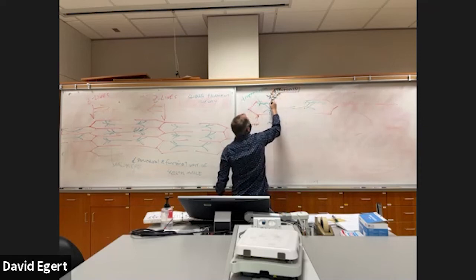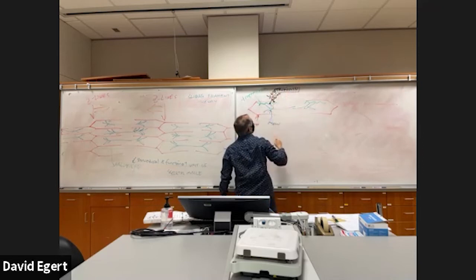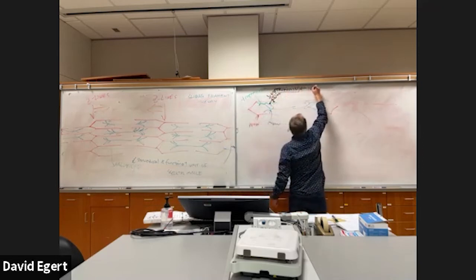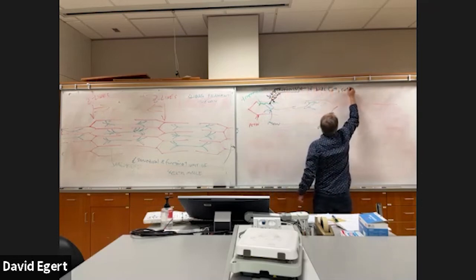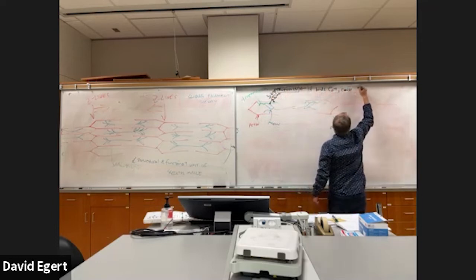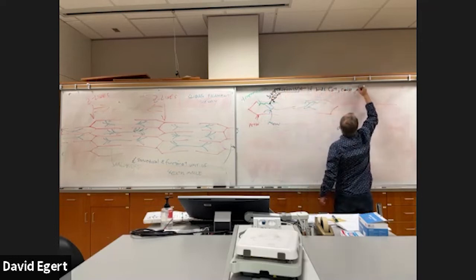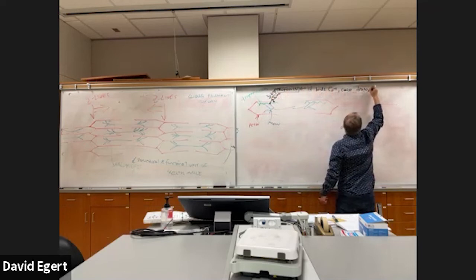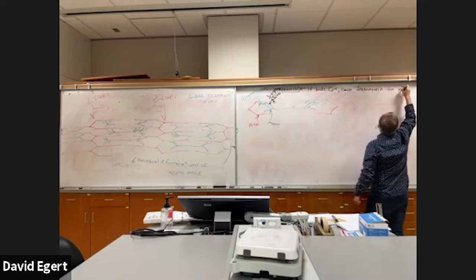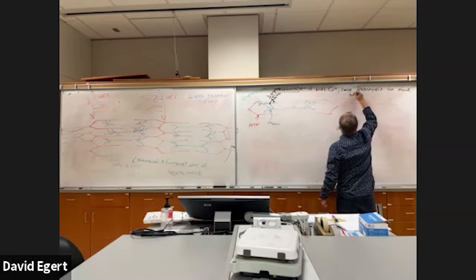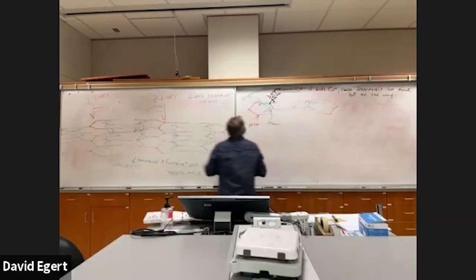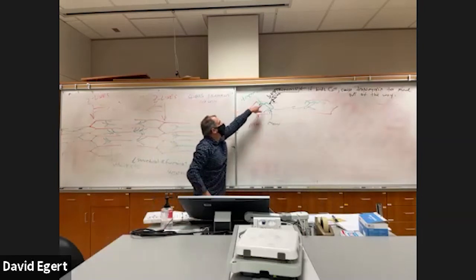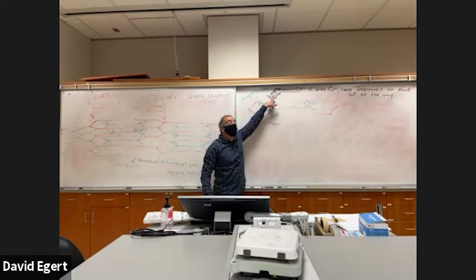Troponin has a binding site for tropomyosin, for actin, and also for calcium. If it binds calcium, it causes the tropomyosin to move out of the way. Basically, when this thing binds calcium, it has a conformational change.